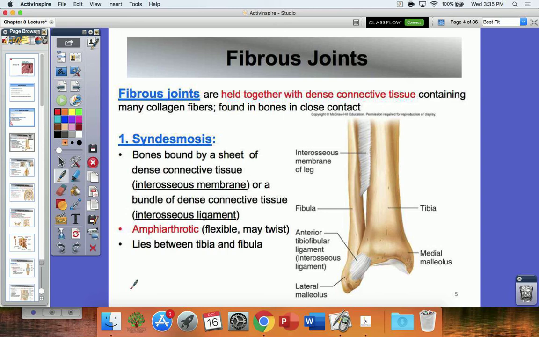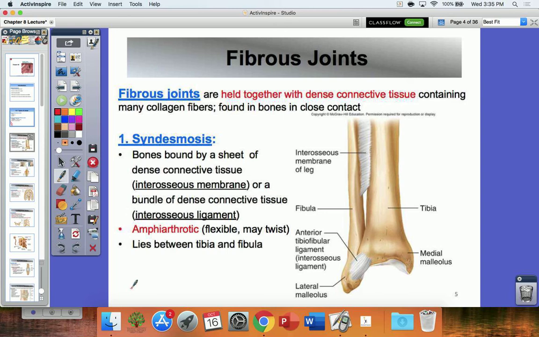So the very first fibrous joint is called syndesmosis. Syndesmosis joints are what we call amphiarthrotic. And amphiarthrotic, if y'all remember, means that it can move, but not freely movable. There's a little bit of movement there.